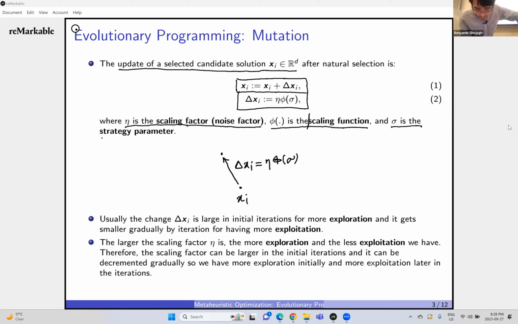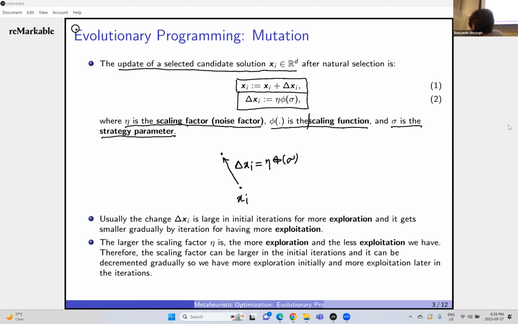Sigma is a strategy parameter. So these are the names of these three things: scaling factor or noise factor, scaling function, and strategy parameter. So if I have the Xi here, delta Xi is just a vector, right? For updating Xi. So the next Xi will be here in the next iteration.